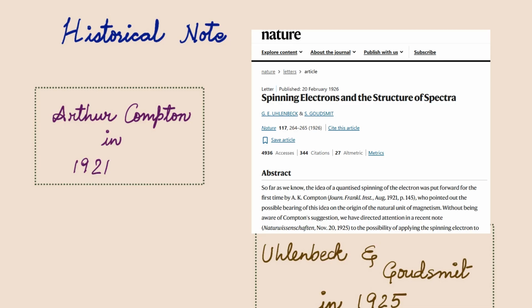There's an interesting historical point here. The idea of a quantized spinning electron had actually been proposed earlier by Compton in 1921. Then, in 1925, Uhlenbeck and Goudsmit independently proposed electron spin in connection with important features of atomic spectra.